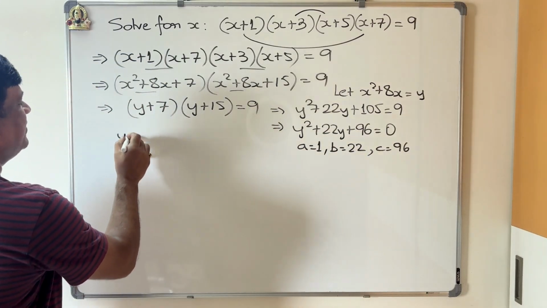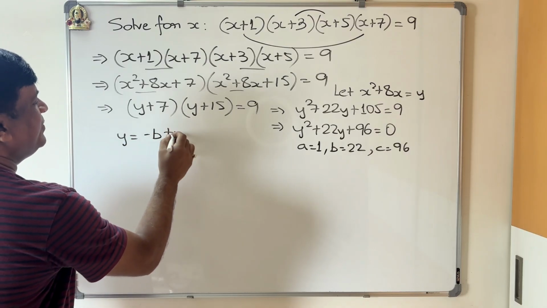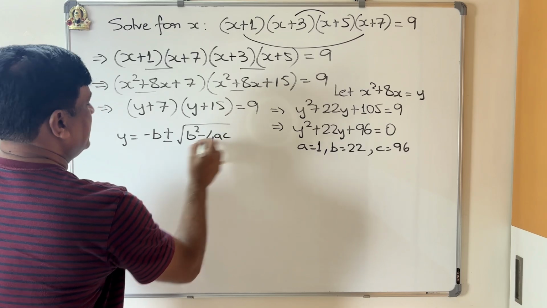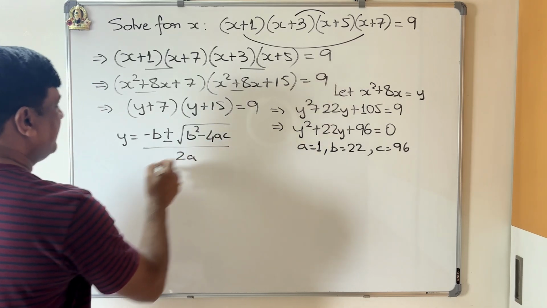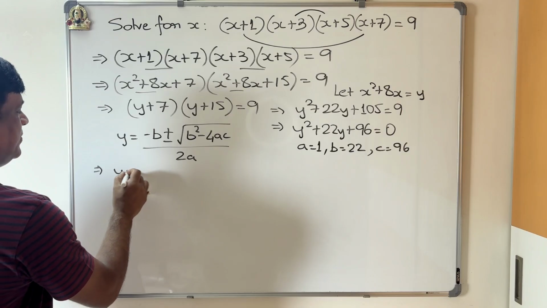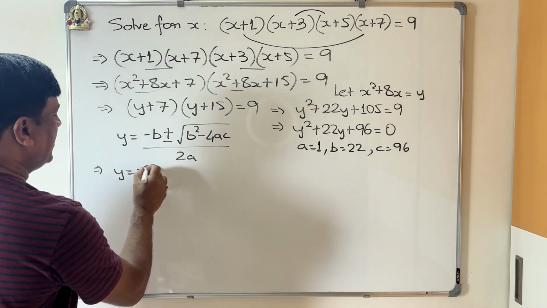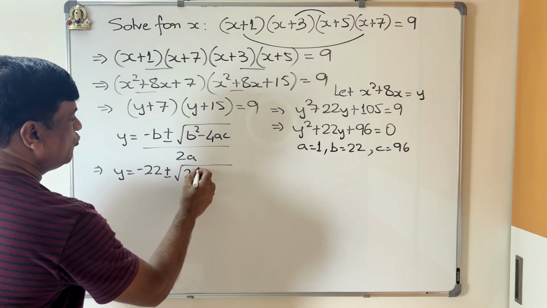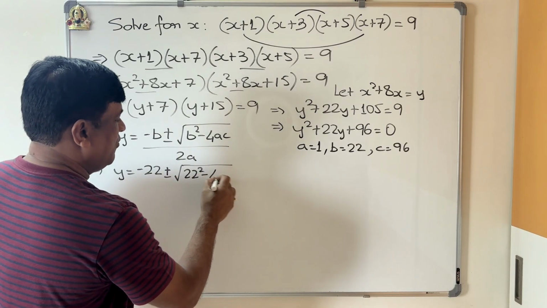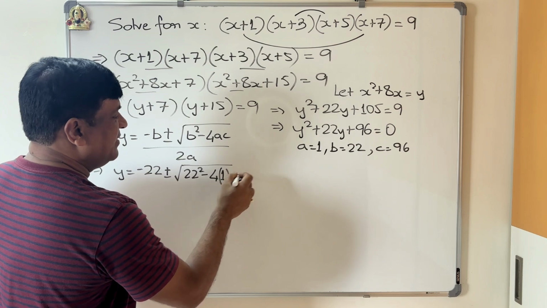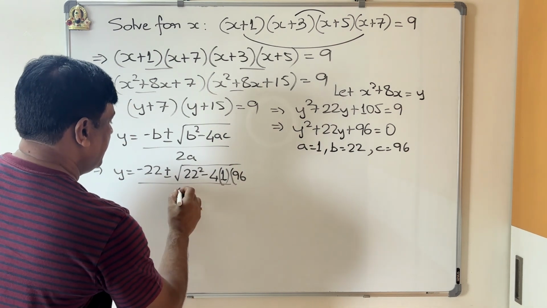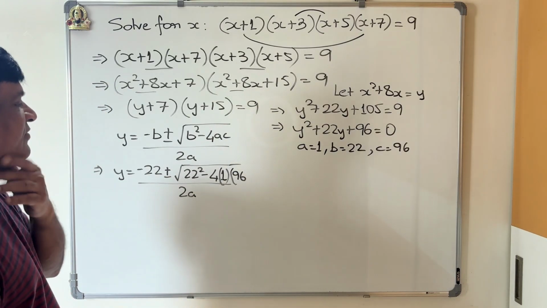You know that y is equal to minus b plus or minus square root of b square minus 4ac, divided by 2a. Let's go ahead and put in the values. You're going to get minus 22 plus or minus the square root of 22 square minus 4 times 1 times 96, divided by 2a. Look at it. This is what you get.